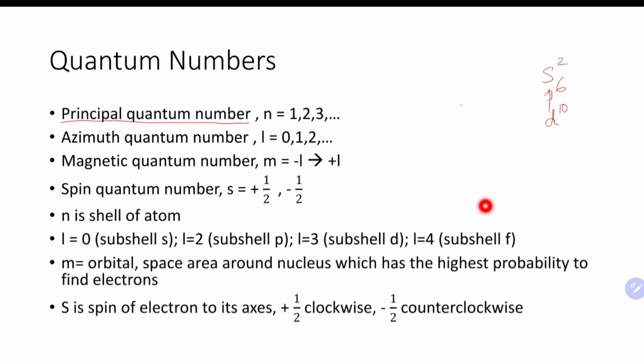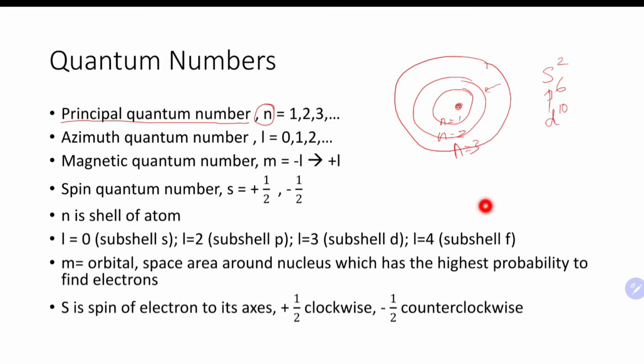So in an atom you have the nucleus and then shells or energy levels, or according to Bohr, orbits. So this one is n=1, shell 1, n=2, shell 2, or energy level 2, then shell 3. This n is the principal quantum number, symbolized as n.